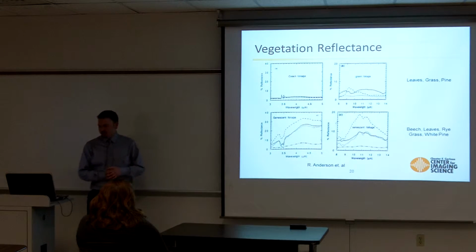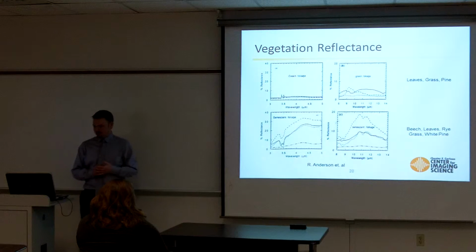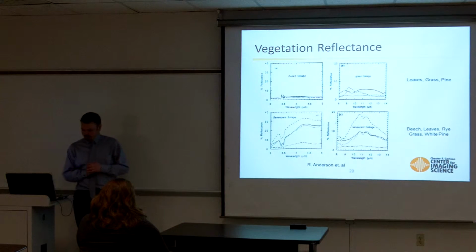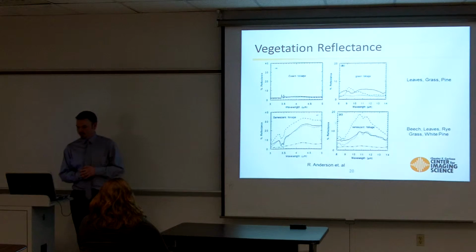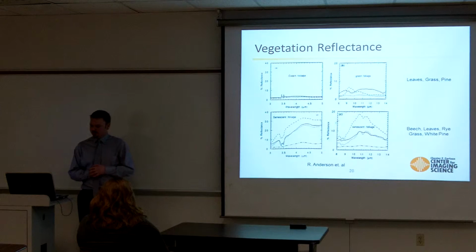And vegetation reflectance can cause some aliasing in your data. The top two are green leaves, grass, and pine. They're of the green foliage type. The bottom two, beech leaves, rye grass, and white pine, are just multicolored. They're showing the fluorescence given off by the vegetation.